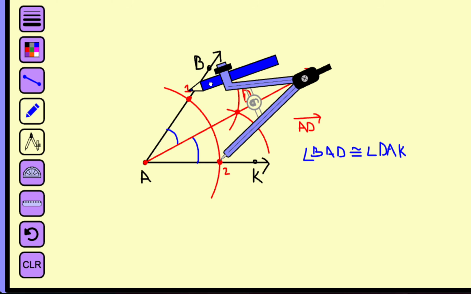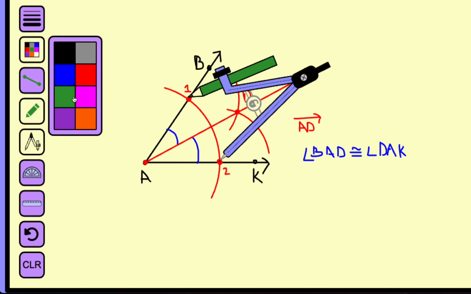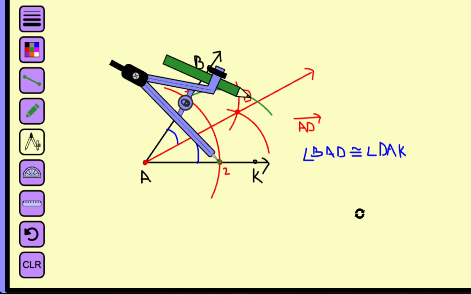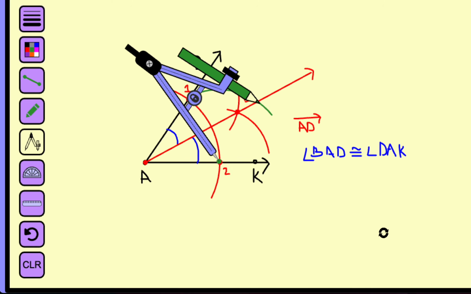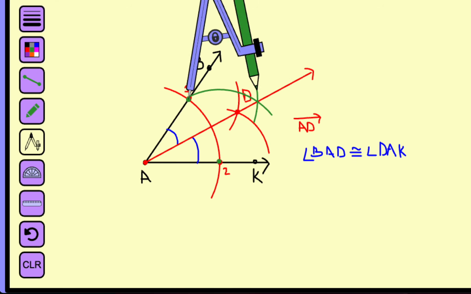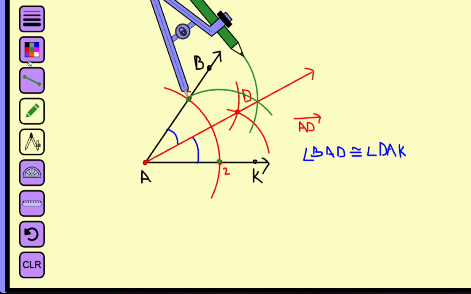So if your compass can stretch out the full way, and we could do this in a different color, you'll see that it will still work. So you draw your arc from one intersection point, then from the other intersection point, and you can see that we would draw our line through this green point here, and it ends up being the same ray. So whether you go the full length or more than halfway, you would get the same exact answer.